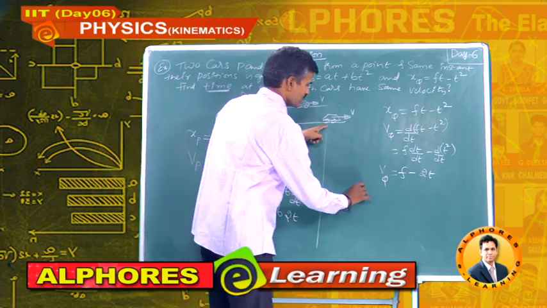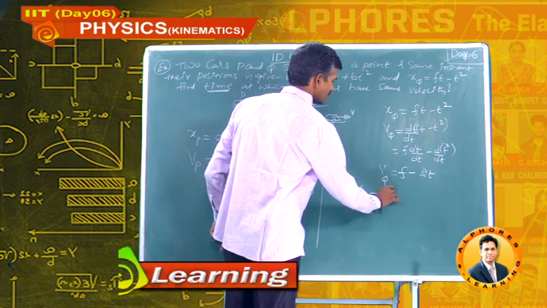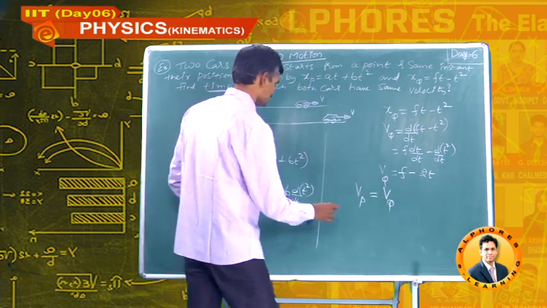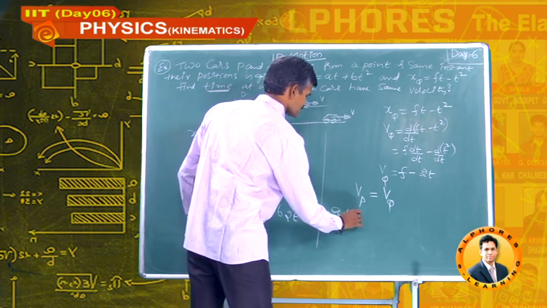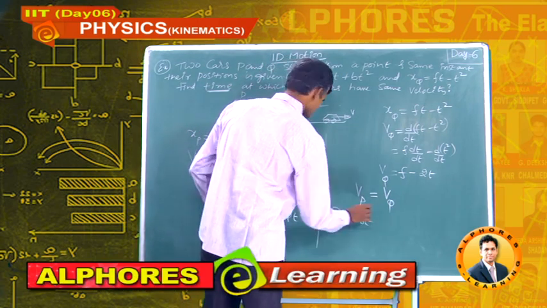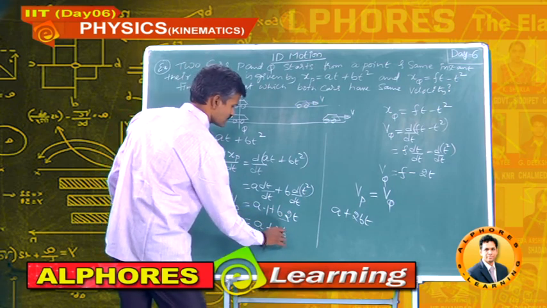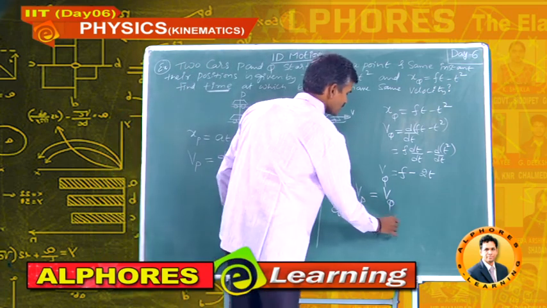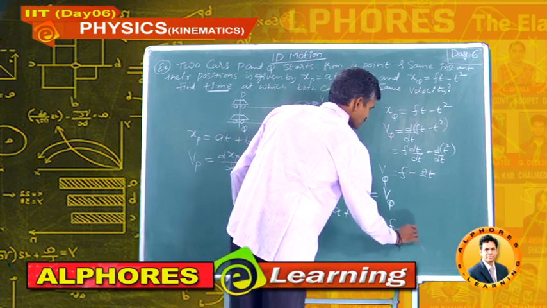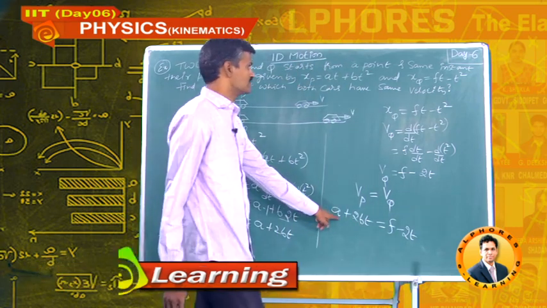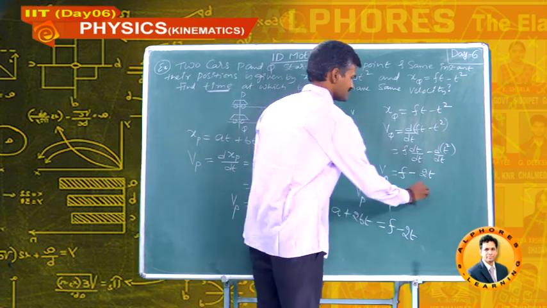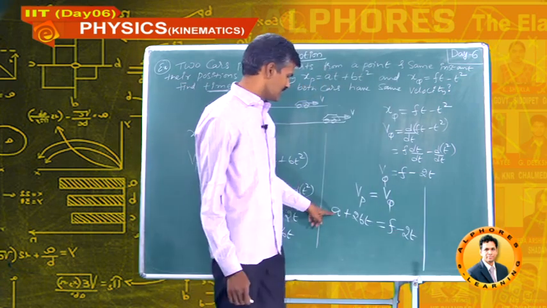So velocity of P is equal to velocity of Q, that is A plus 2bt is equal to F minus 2t. From this we can solve.